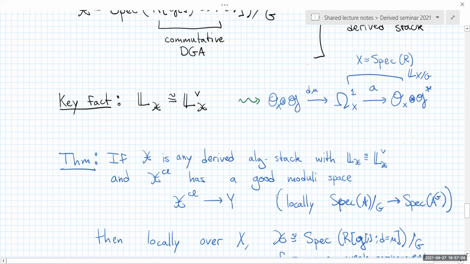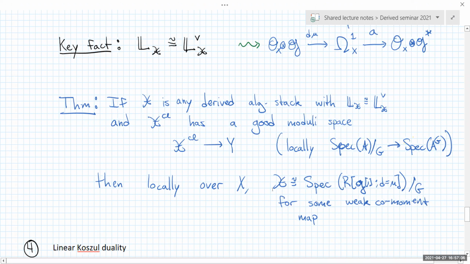The question was just, was it the same X as before? No, it's different. And what is X classical? X classical is the underlying classical stack, just H0, right? Yeah, just H0. Okay, thanks.